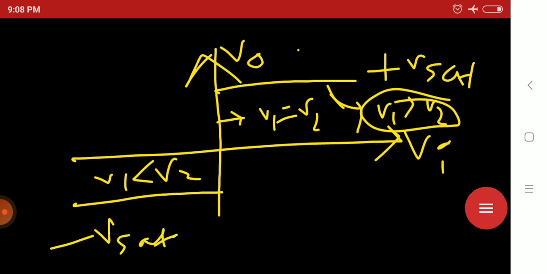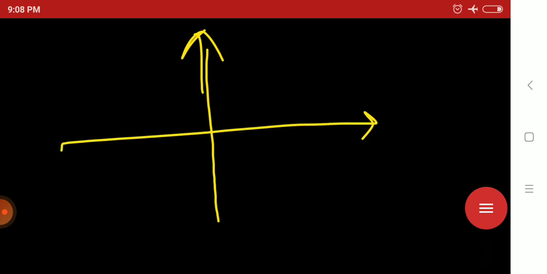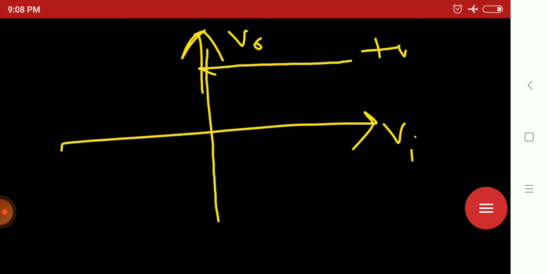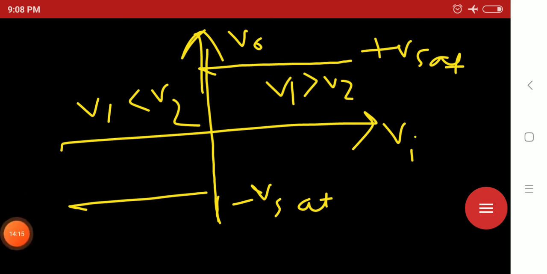So we can clearly draw what we get for infinite gain in the three different cases. If we consider the gain of an op-amp ideally infinity, then we get these three cases.